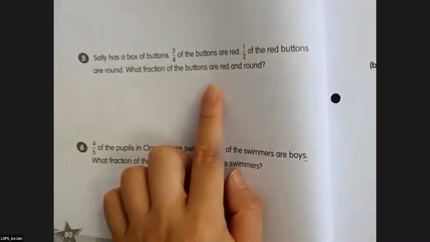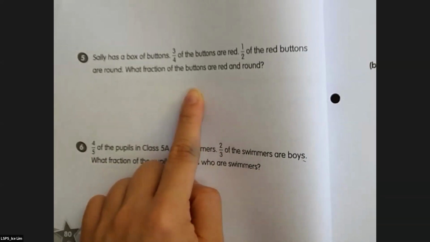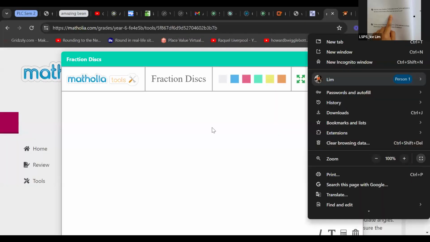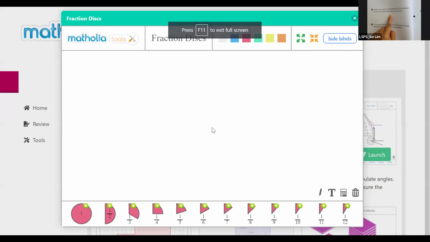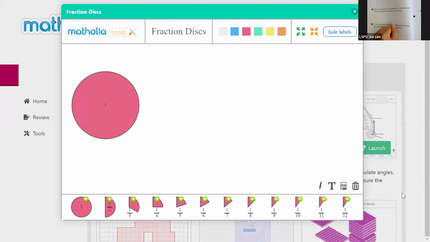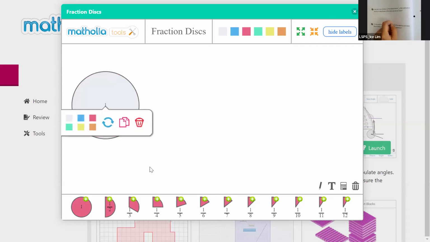Now, if I look at this example, question 5 of page 80, I'm going to share screen now. This is the one. If I use this fraction to explain question 5: Sally has a box of buttons. This is the entire box. Let me put this box as a gray box.